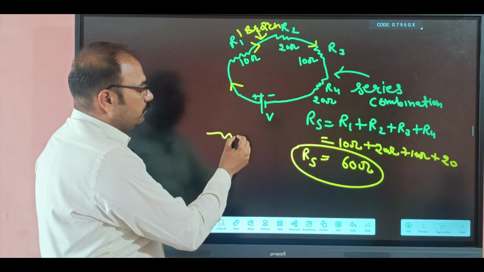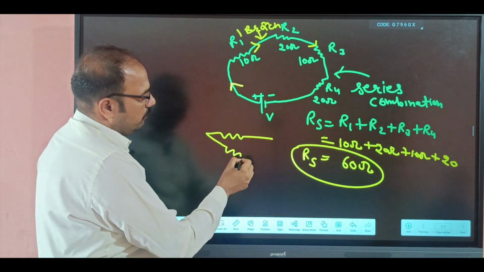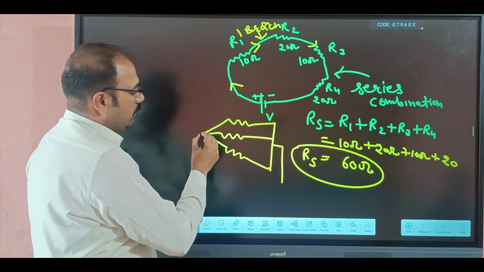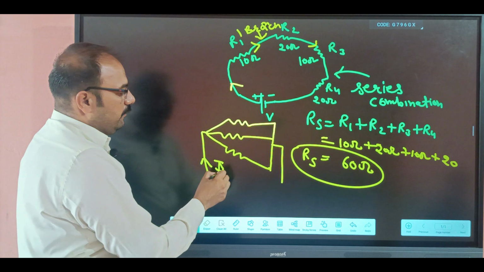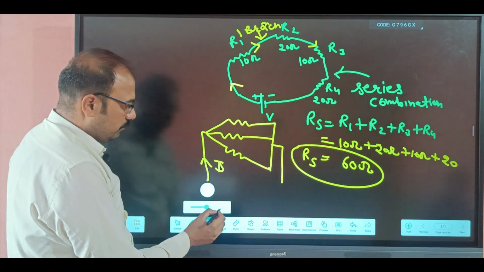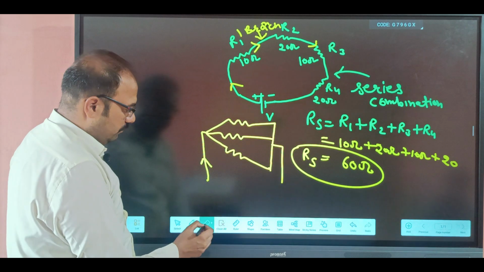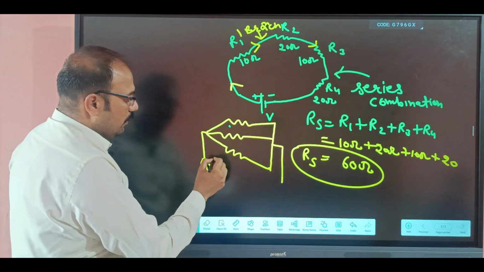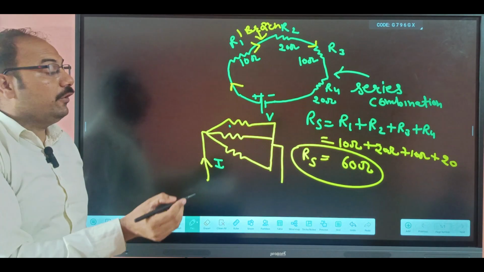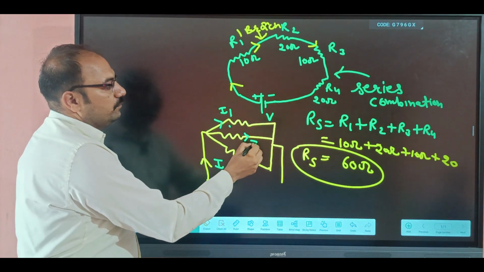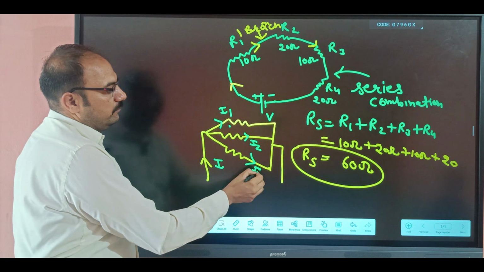Here the total current I is divided into three parts: I1, I2 and I3.